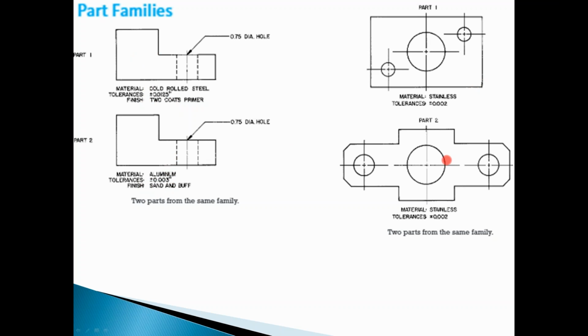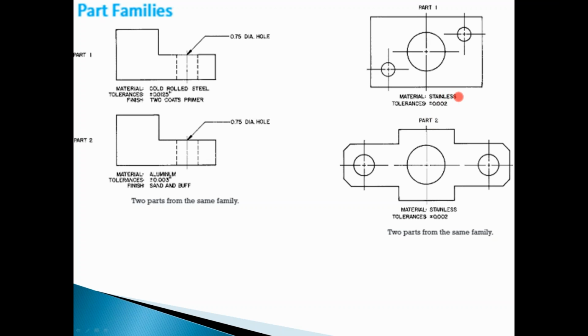For this, the figure here contains an example of two parts from the same family, because although the design characteristics of these two parts are dramatically different, they're not different in size and shape. A close examination will reveal that they are similar in the area of production processes. Part 1 is made of stainless steel.